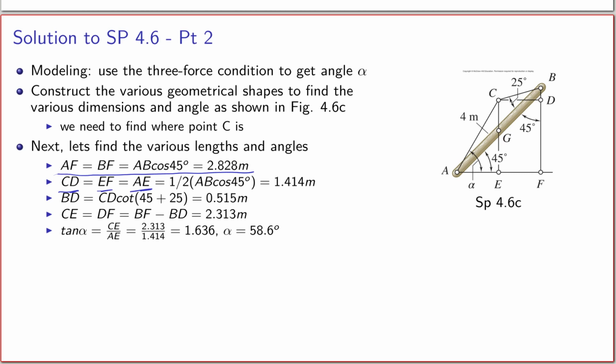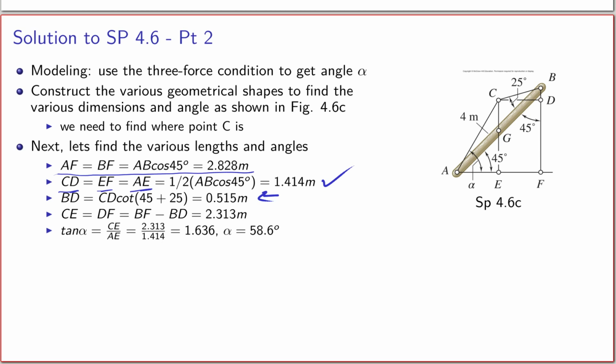The reason for that is because G is at the midpoint of AB, and so AG cos 45 is going to be the same as GD cos 45, which is nothing but AE and EF. Okay, so that's sorted out here. And then finally we have BD, which is basically CD cot 45 plus 25. So make sure you understand how that comes about.